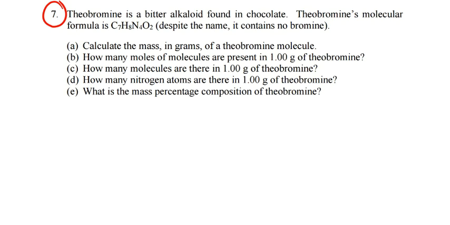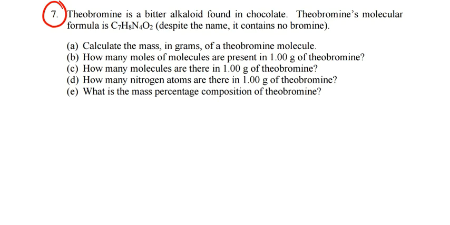Theobromine's molecular formula is that; despite the name, it does not contain any bromine. A, calculate the mass in grams of a theobromine molecule. How many molecules are present in 1 gram of theobromine? At the end of these 5 questions, you're going to understand completely how to use Avogadro's constant.